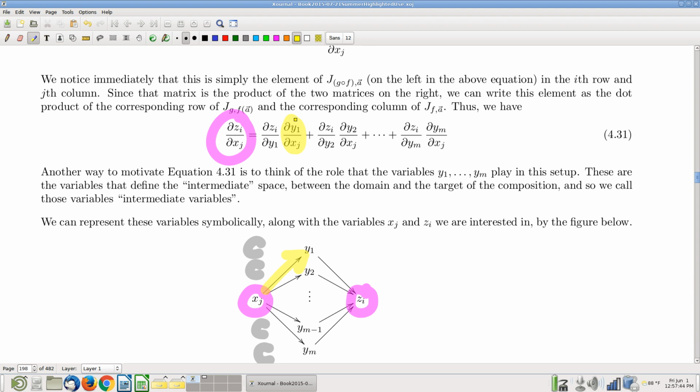So this partial derivative right there finishes off this path. So grand total, in terms of how changes propagate along this first path, loosely speaking, the product of these partial derivatives tells you how much changes in xj are magnified one step at a time to turn into contributions to changes to zi.